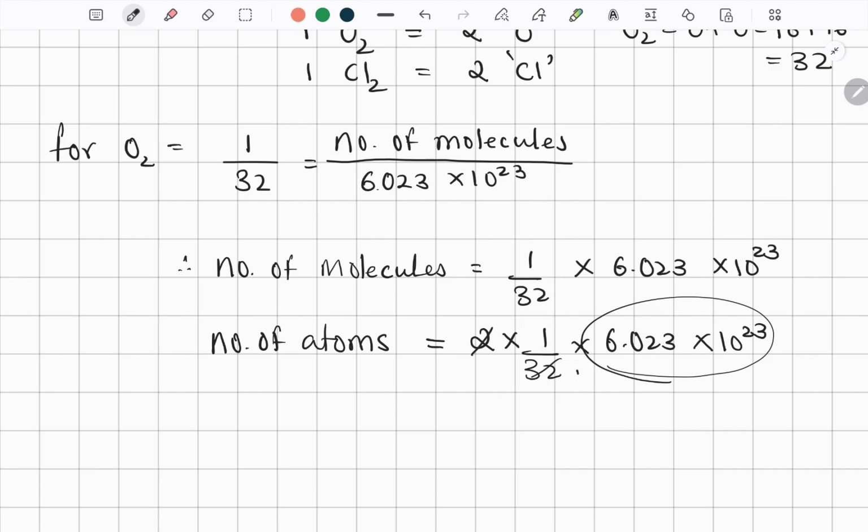So it's going to be 1 by 16, and 1 by 16 is equal to 0.0625 into 6.023 into 10 raised to 23. So 0.0625 into Avogadro number is the number of atoms of oxygen.